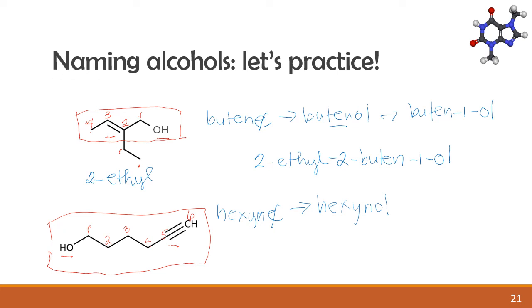The hydroxyl group is attached to carbon 1, so the name becomes hexyn-1-ol. But we also need to indicate the location of the triple bond, which is in carbon 5. So we can name this alcohol as 5-hexyn-1-ol.